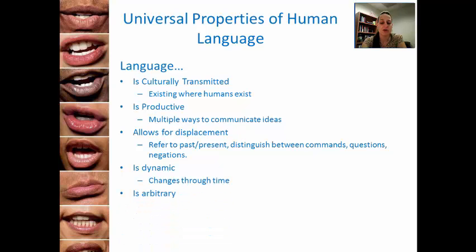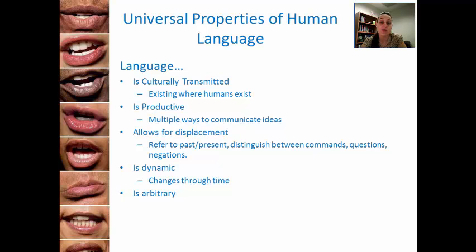Language can also be arbitrary, and what that means is that it's sort of a random set of symbols that we've chosen to represent the sounds of language. So, for example, the fact that we label different objects with names, like a table, and we call a table with the term or label table, that's something completely arbitrary.